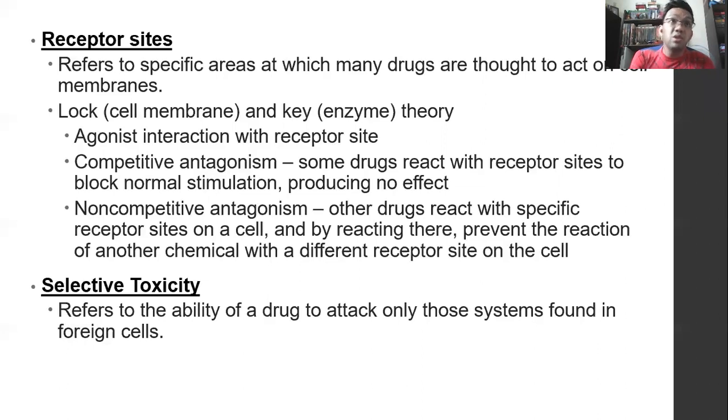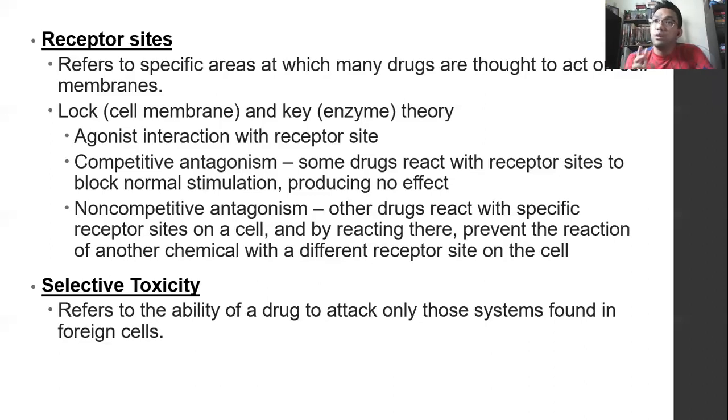Once these drugs bind there, the other receptor sites that are responsible, let's say, for example, for the stimulation of the cell's functioning, will cause the blockage of these substances from entering the cell membrane. So that's non-competitive antagonism.